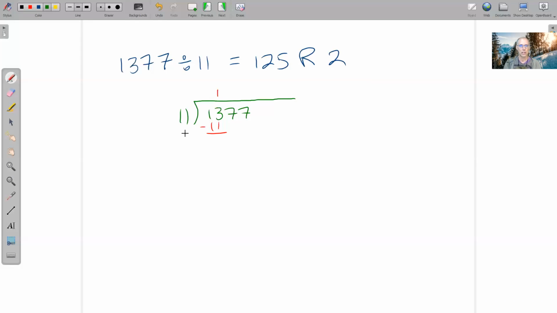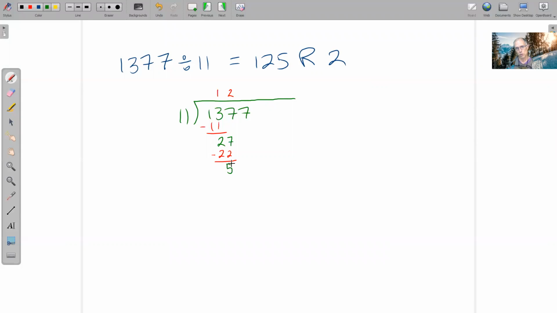Subtract, and I get a remainder of 2, and then we bring down the next digit. 11 goes into 27, how about twice? 2 times 11 is 22. 27 minus 22 is 5.